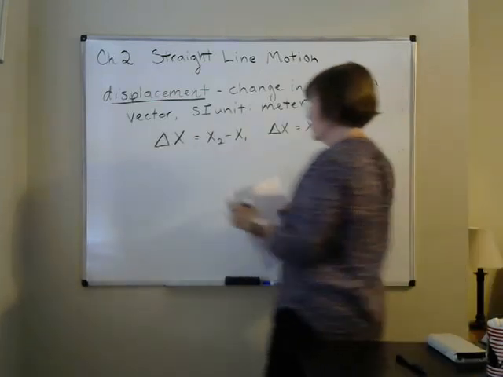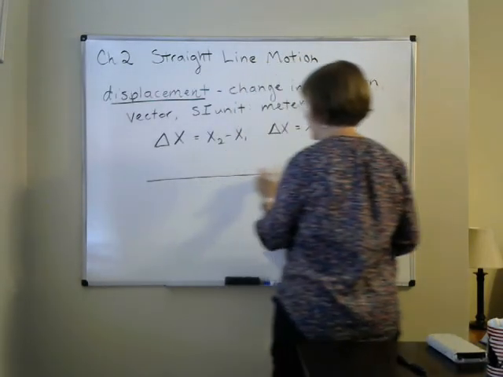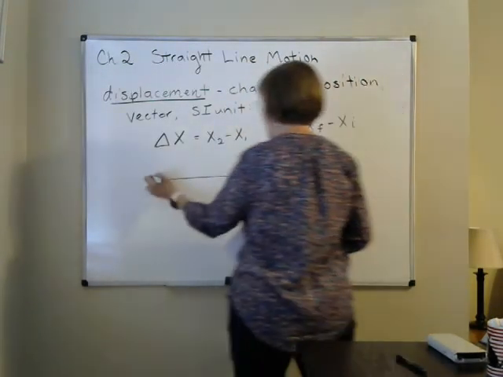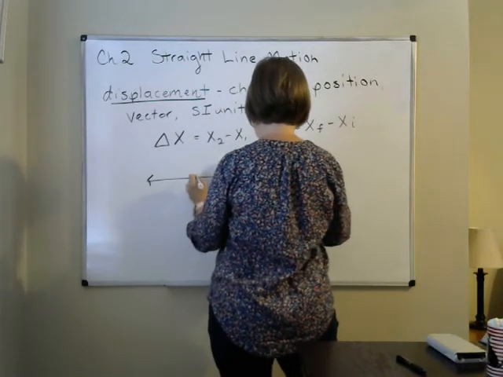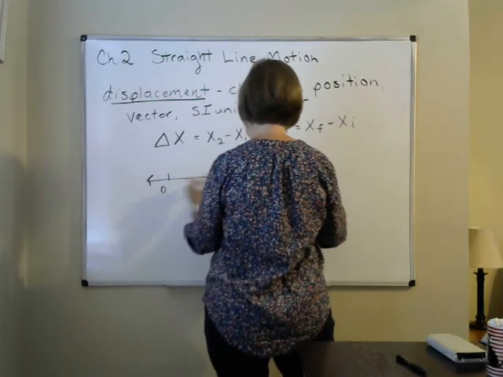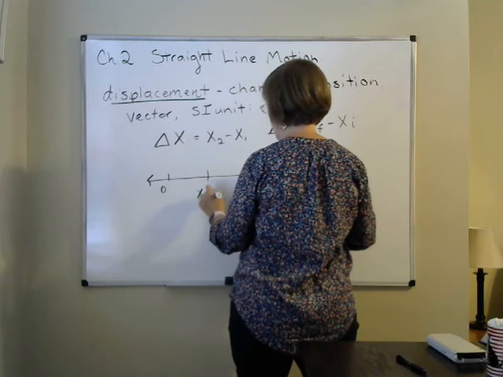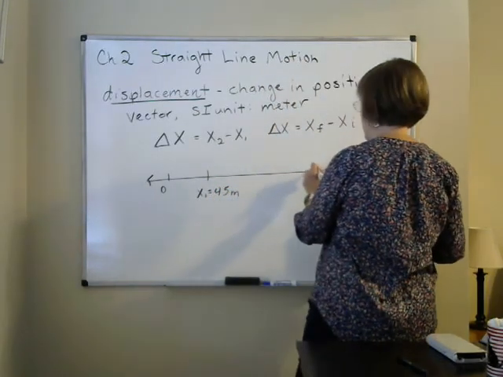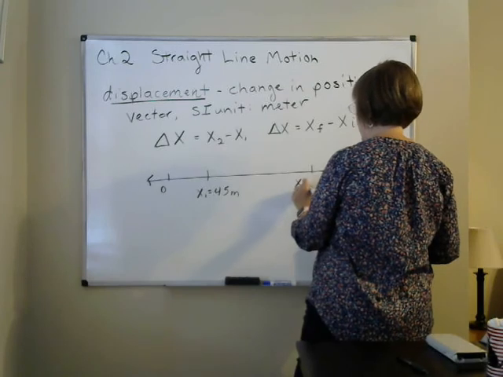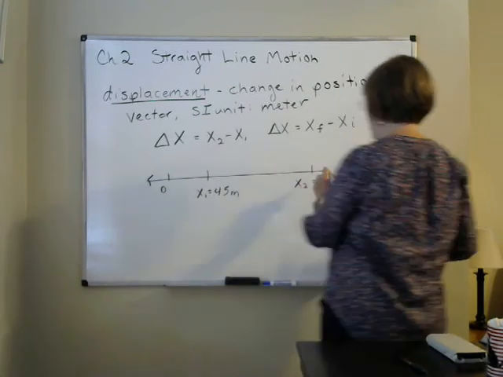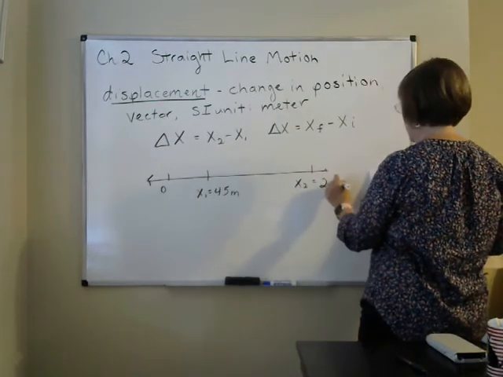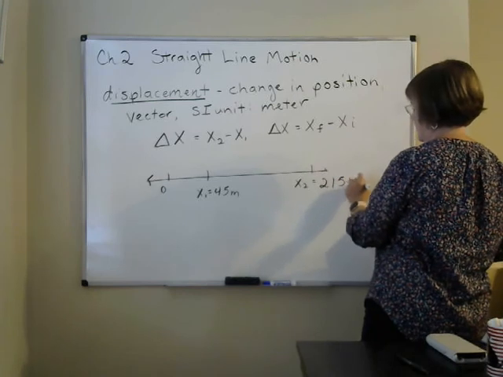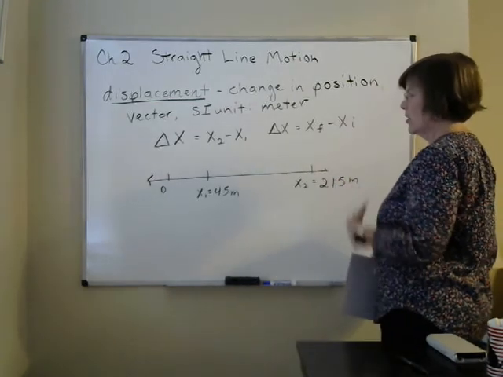For example, here's 0, x1 is 45 meters, x2 is way down here, that is 215 meters. If I said, what is the car's displacement?